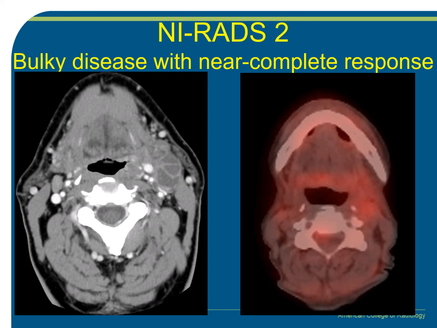When we first started using PET-CT, we weren't sure whether this was going to represent disease that's about to bounce back because of that FDG avidity or whether it represents disease that is fading away. Turns out it's the latter, and we've learned from experience that these are most appropriately categorized as NI-RADS 2 because 80% of these are going to have been successfully treated.